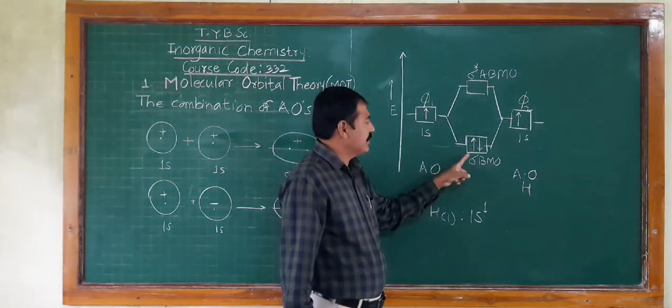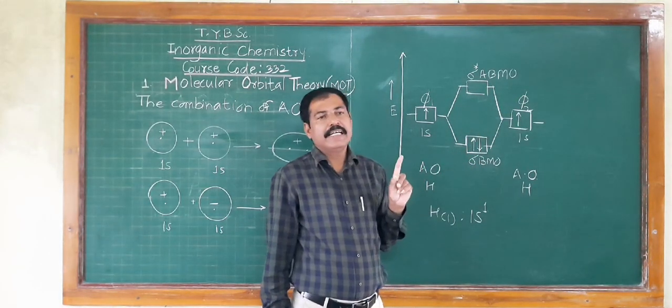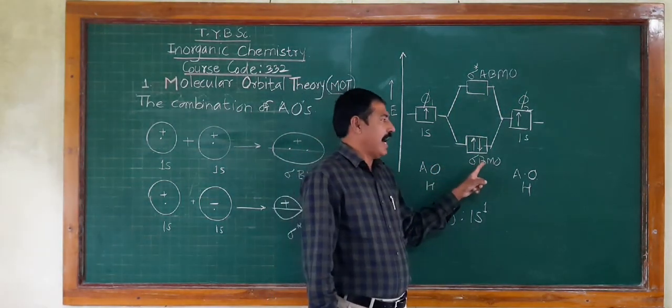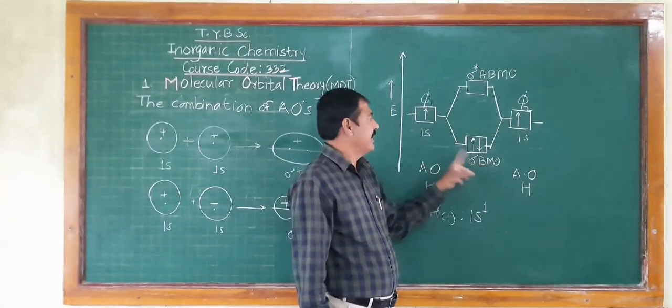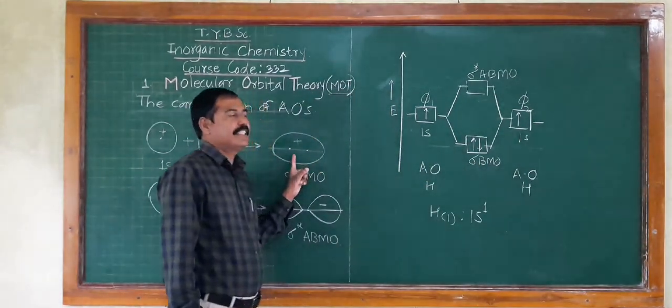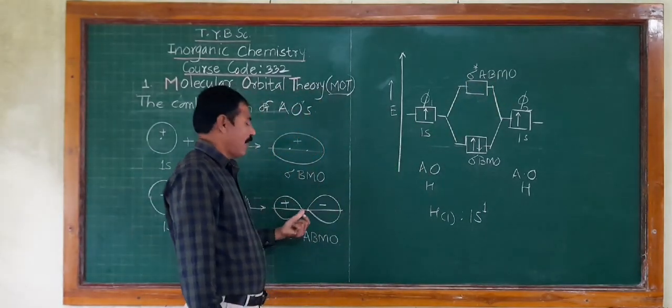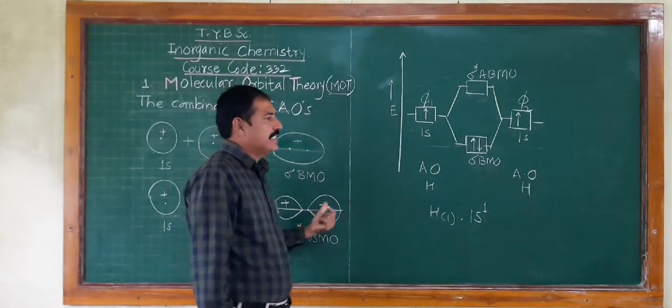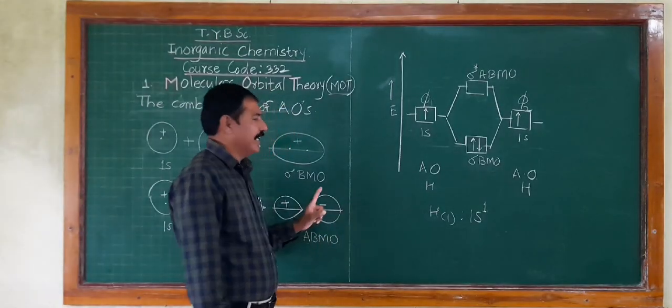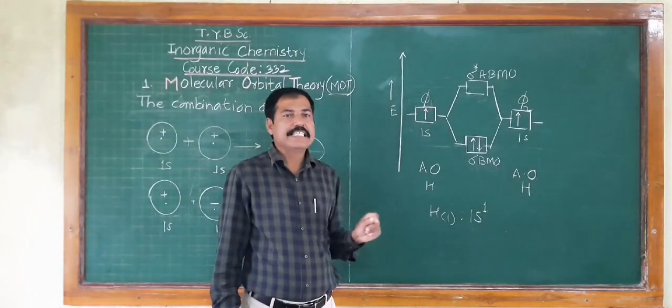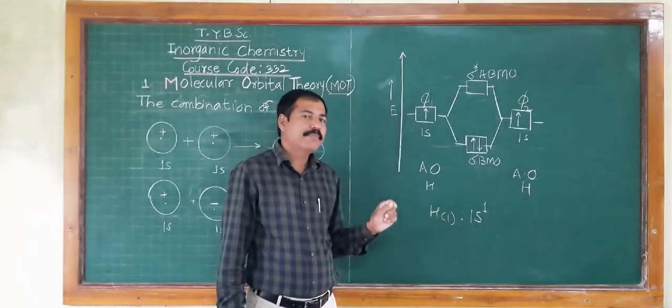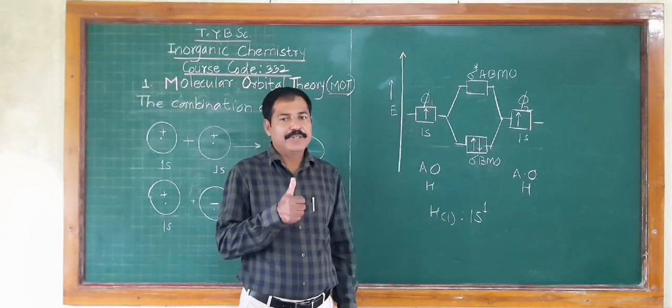The bonding molecular orbital has no node, and the electron density is concentrated there, while the anti-bonding molecular orbital has the formation of a node, and it is obtained by the equation psi equal to phi 1 minus phi 2. Thank you very much.